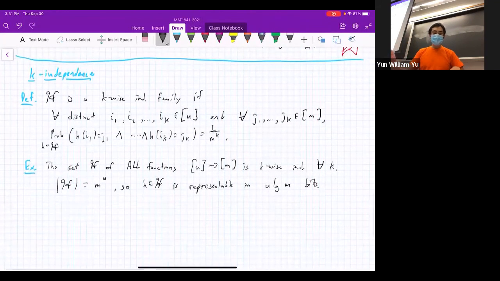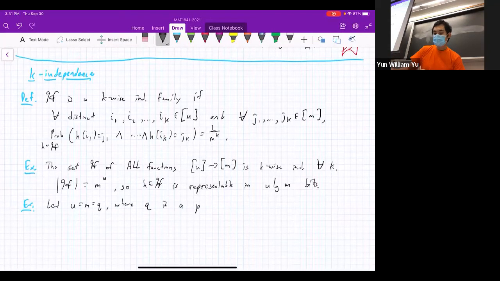But now there's another example of a k-wise independent hash family, which makes use of some nice results from algebra. So we're going to let U be equal to M be equal to Q, where Q is a prime power.